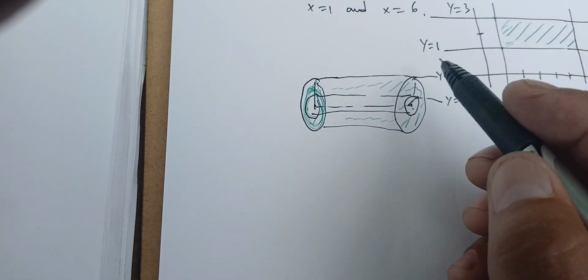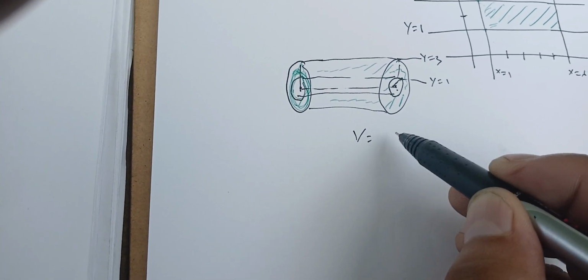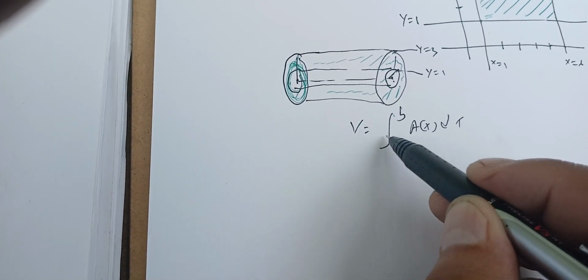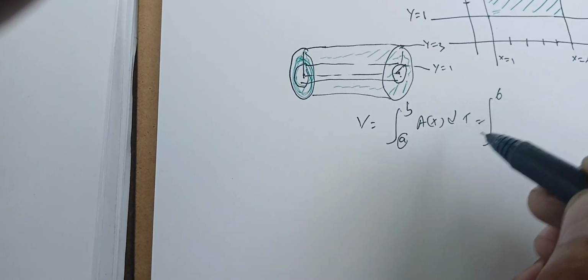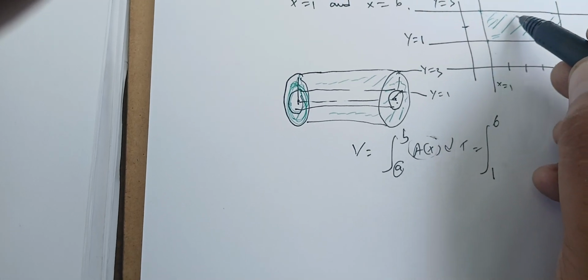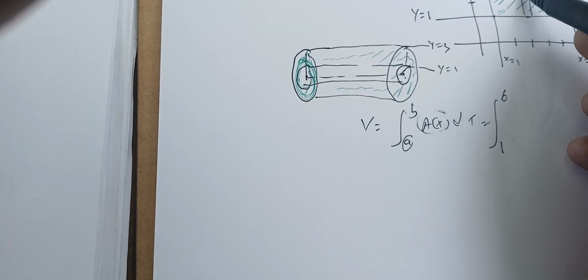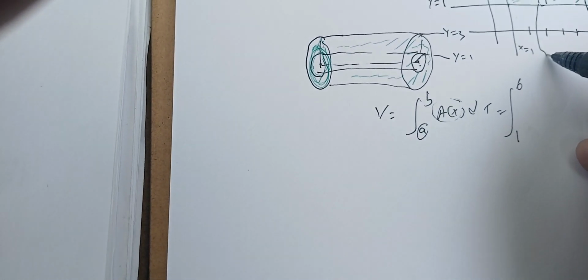But if we use calculus, and especially our formula, here we know a is 1 and b is 6. The issue is what's A(x)? A(x) we can think of as a small sectional area.